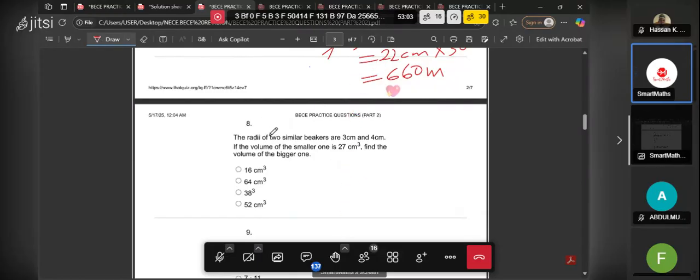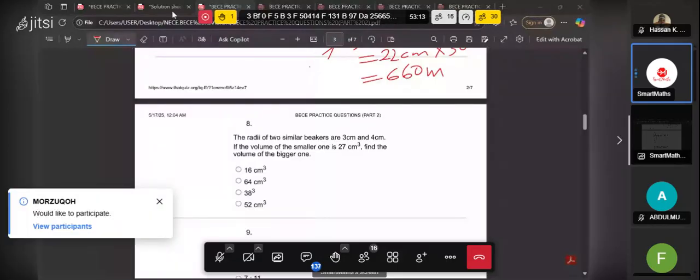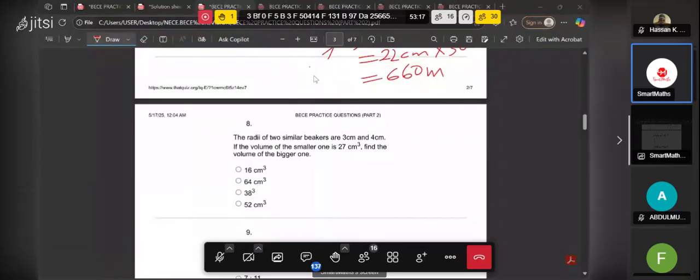As I'm going to do something now, I'm coming. Just 1 minute. I'll send something to the group now. Volume of similar shapes.